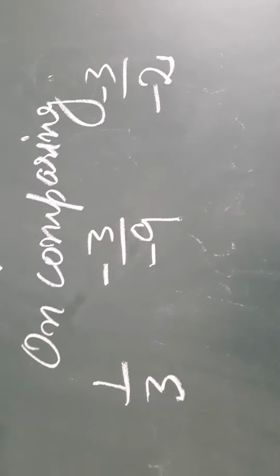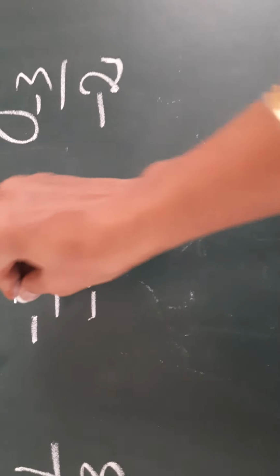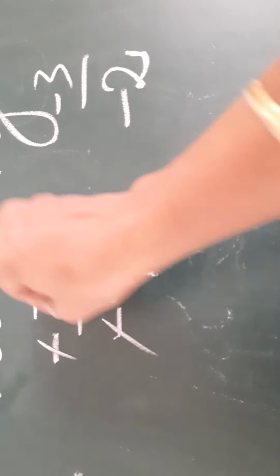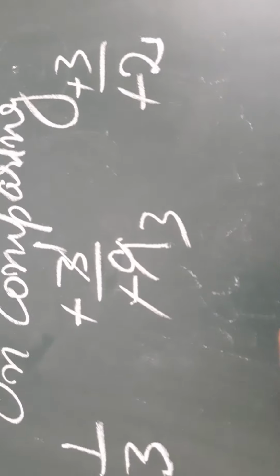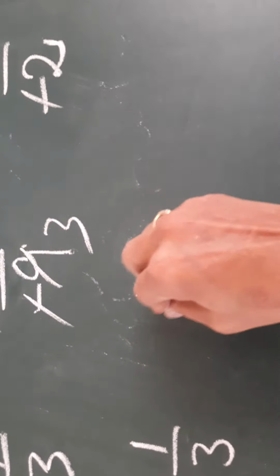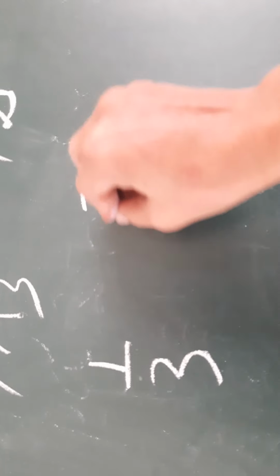So first of all, reduce them to simplest form. This is already in simplest form. Cancel out, 3 ones are 3, 3 threes cancel out. So the ratios become 1 by 3, 1 by 3 and 3 by 2.